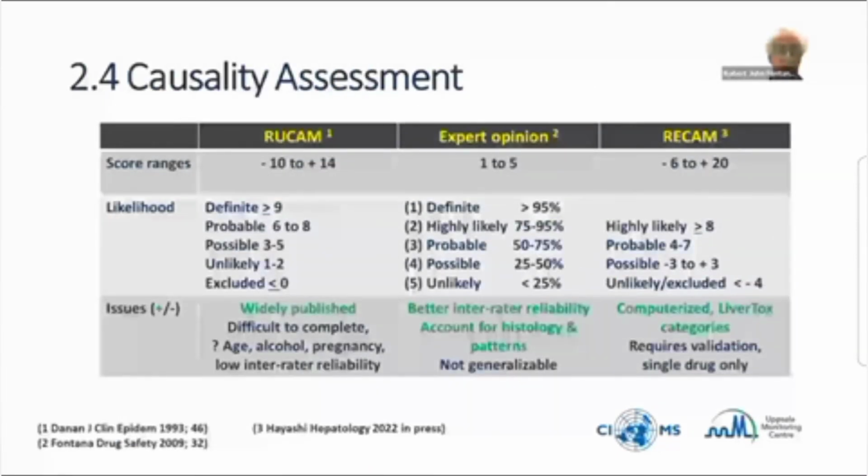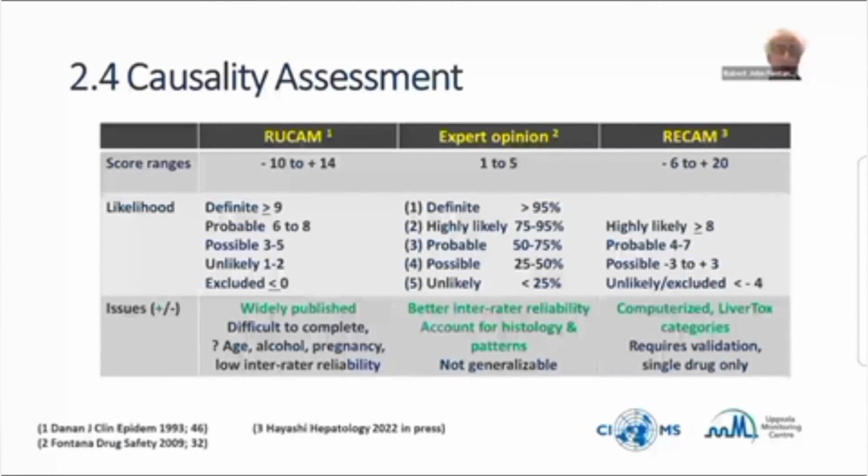Now, on a case-by-case basis, in addition to excluding competing etiologies, you can try to score a case. Three of the most commonly used scoring systems that are DILI specific are the RUCAM score, which was published in 1993, Expert Opinion, which was codified by the DILIN network in 2009, and then the more recent development of the revised RUCAM, or RECAM, which was just published in early 2022.